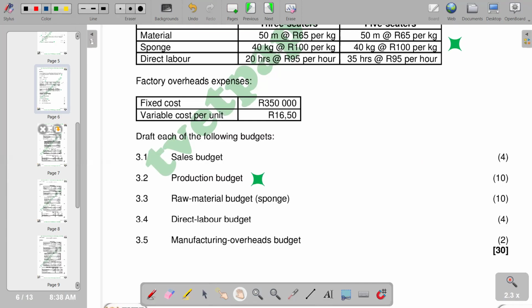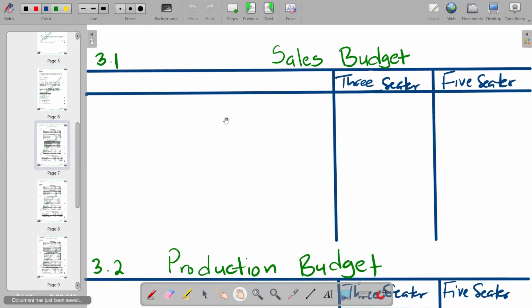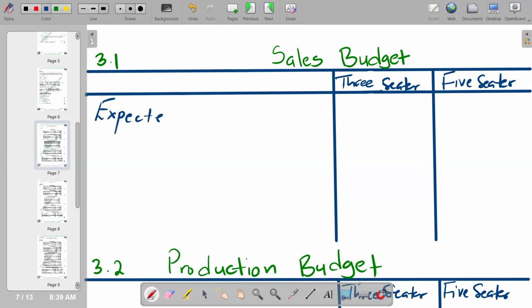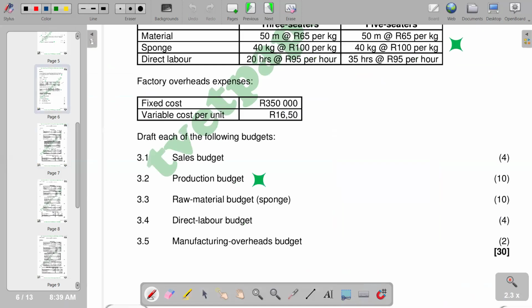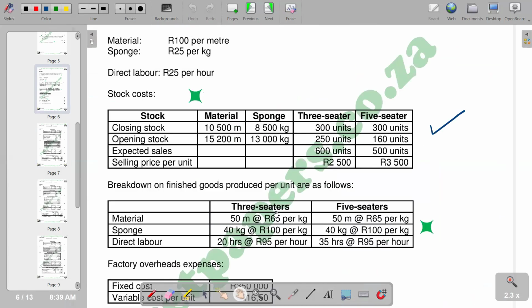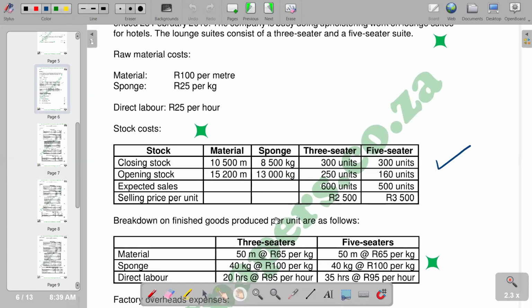This is going to be our sales budget. We start with the expected sales in units, of the three-seater and five-seater. If you go back, we check where we have the expected sales in units.